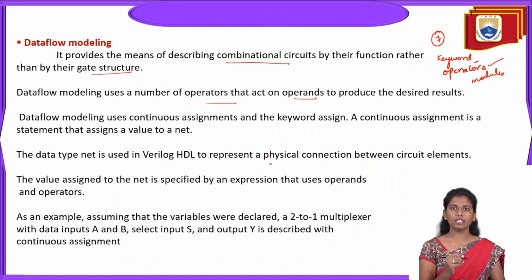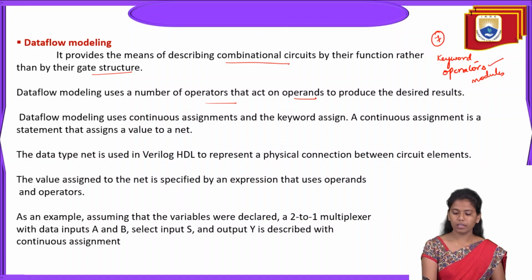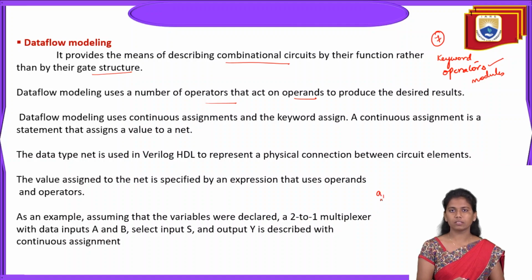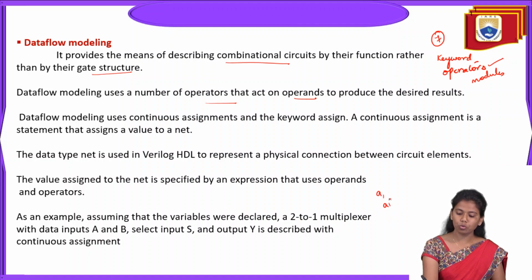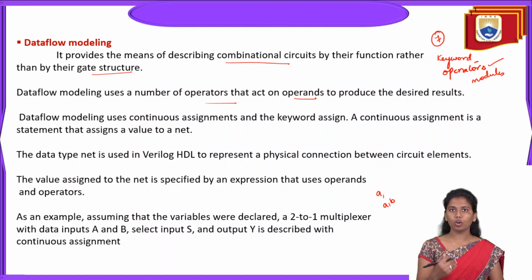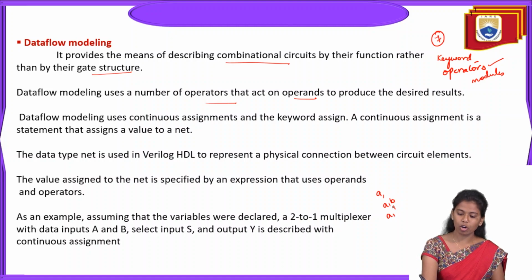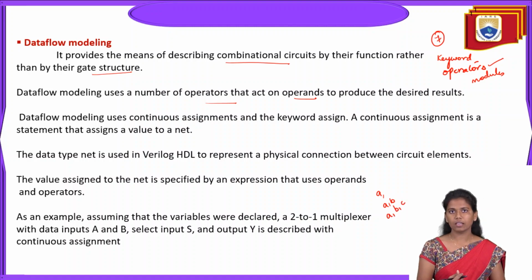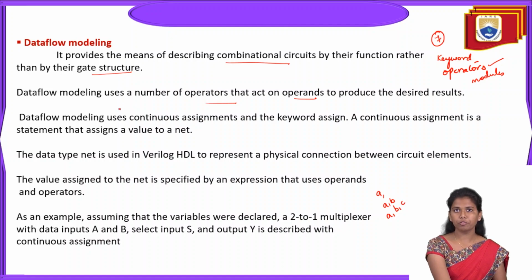Obviously each operator takes operands into consideration. As I said, a few operators consider only a single operand, a few more consider two operands, A and B, and a few other operators consider three operands, A, B and C. So the data flow modeling uses operators that act on operands to produce the desired result.